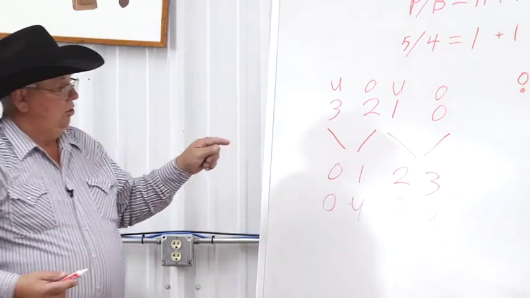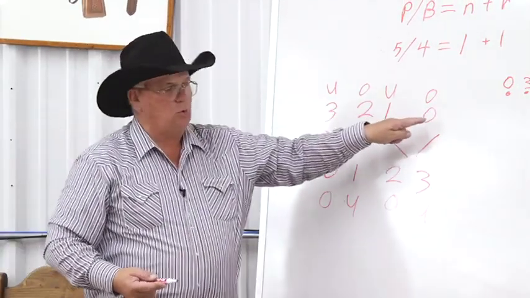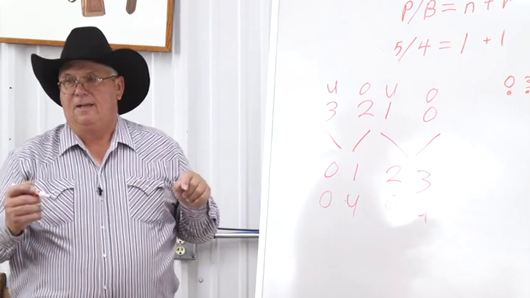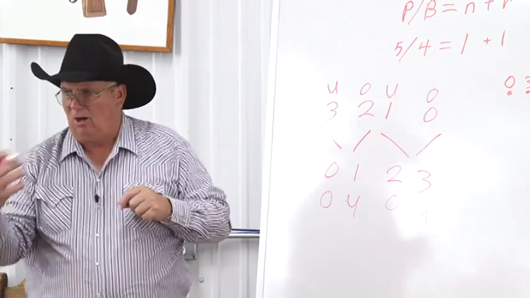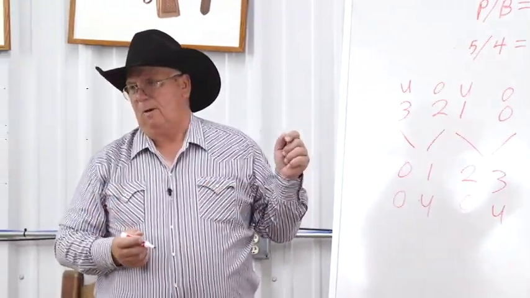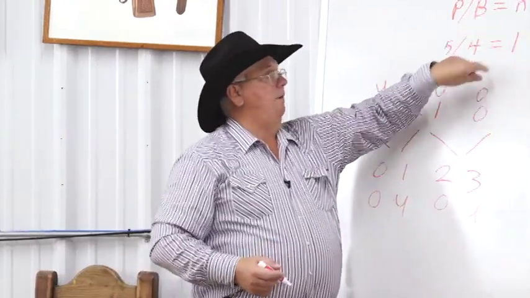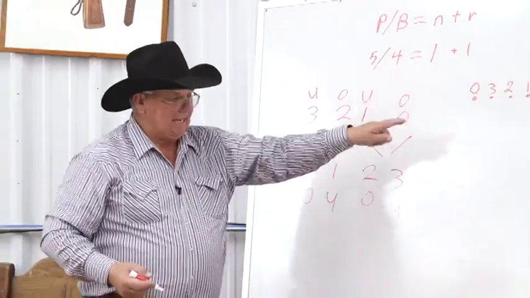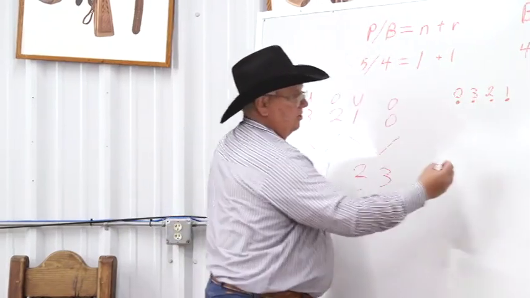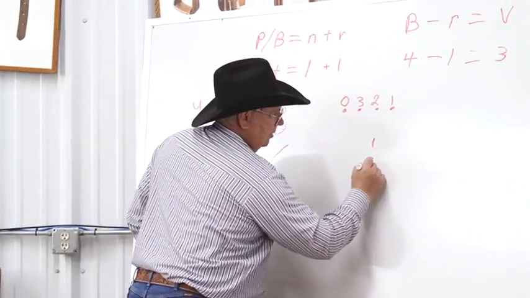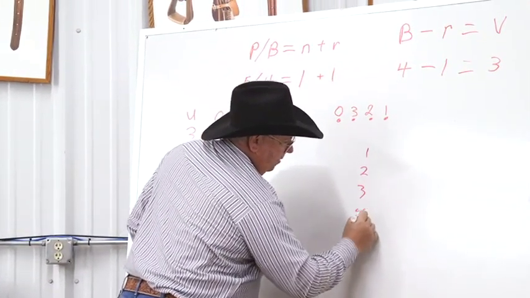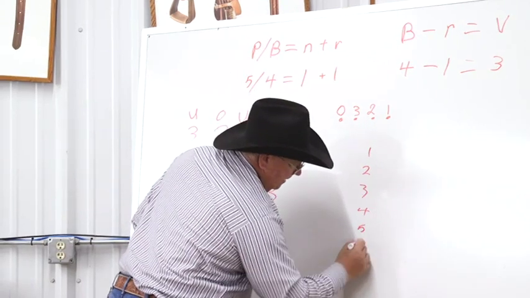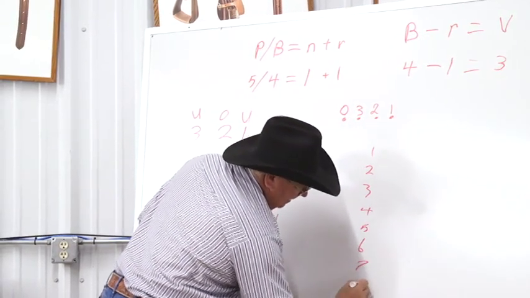Now, to know which one of these numbers we're going to use, the number of half cycles in a knot is double the number of bites. So if you've got 4 bites, you need 8 half cycles. So we'll just write them down. 1, 2, 3, 4, 5, 6, 7, 8.